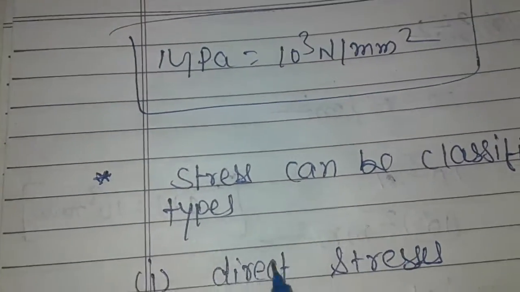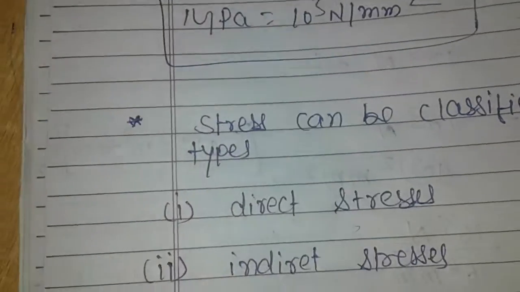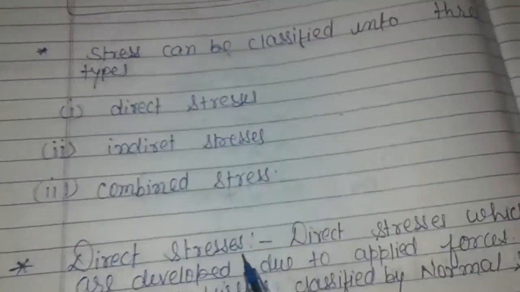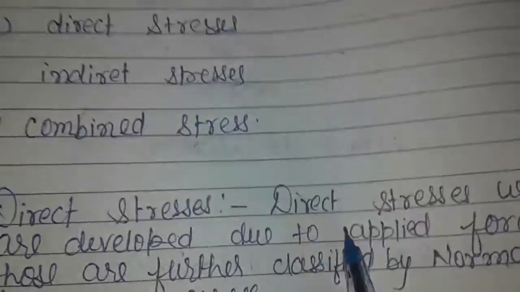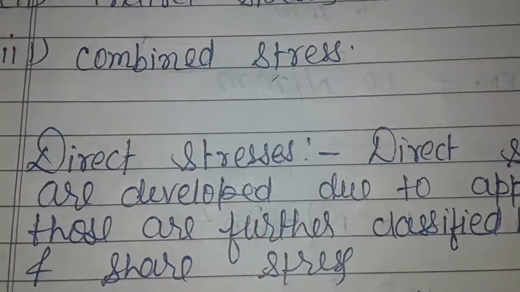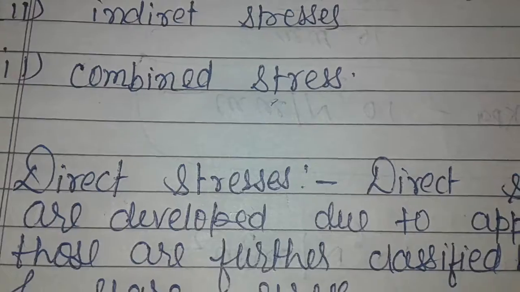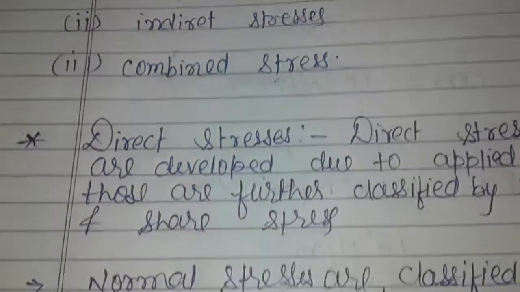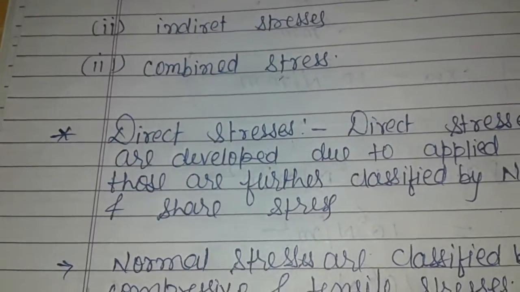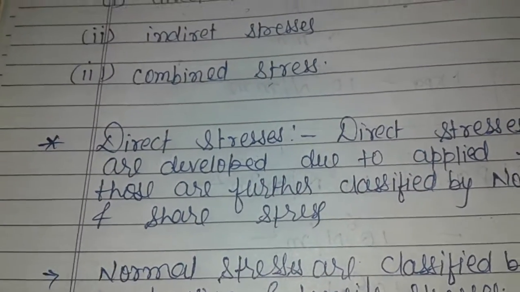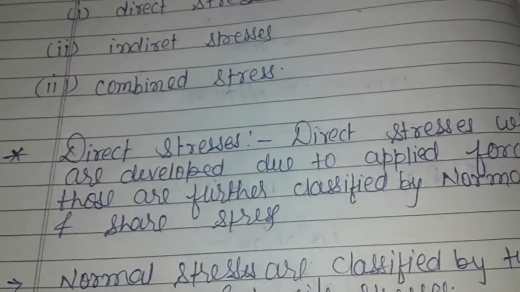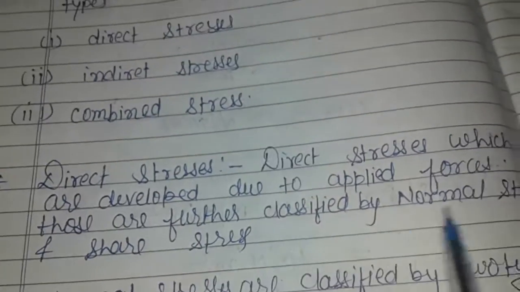Stress can be classified into three types: direct stress, indirect stress, and combined stress. Direct stresses are those developed due to applied forces, and they are further classified into normal stress and shear stress. When we apply a force on a rod, normal stresses and shear stresses develop.